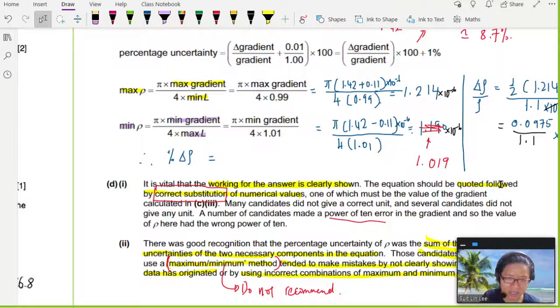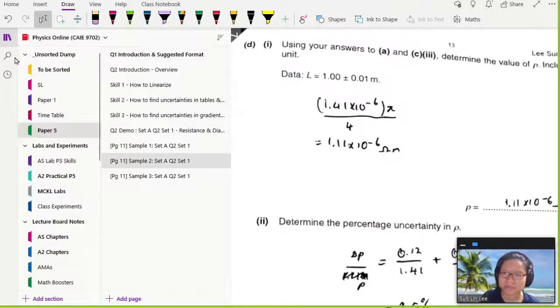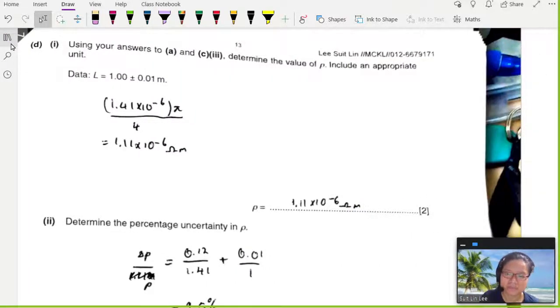Equation should be quoted, followed by correct substitution. Did that candidate quote the equation? No, okay lor. So I can minus 1 mark here.